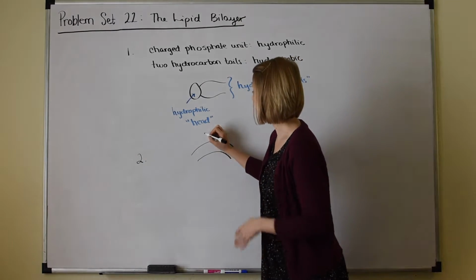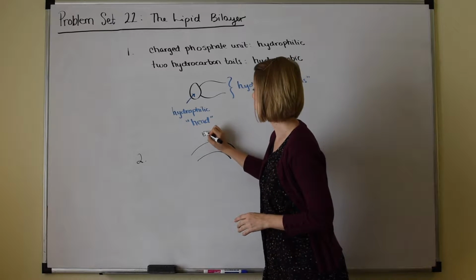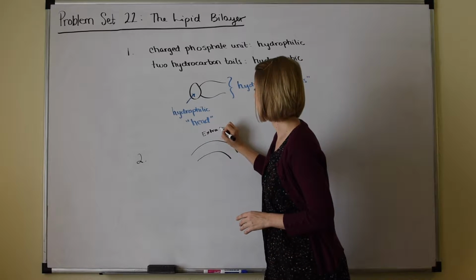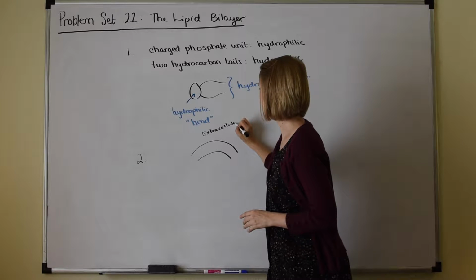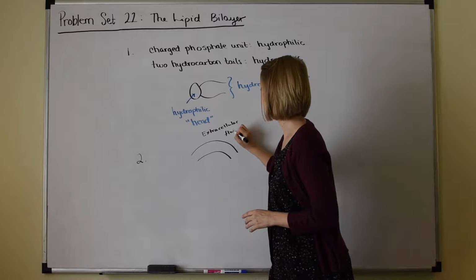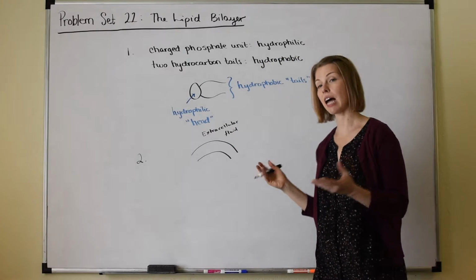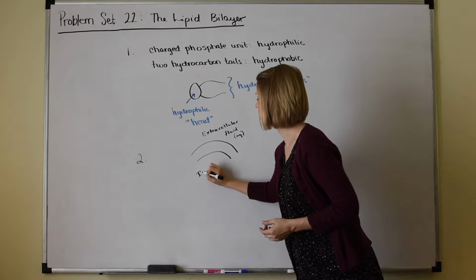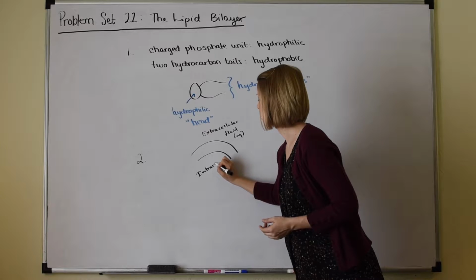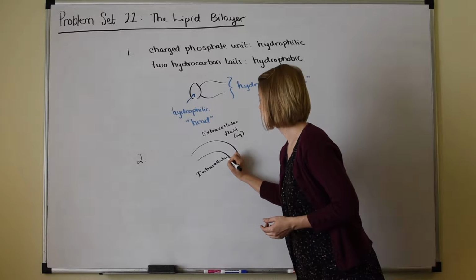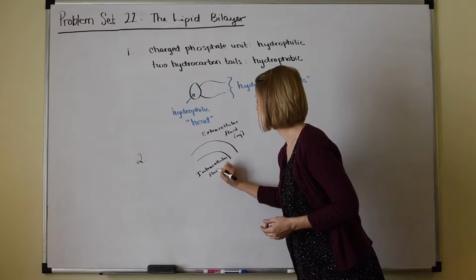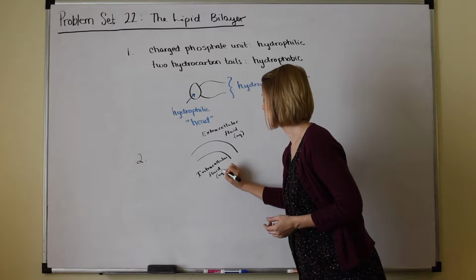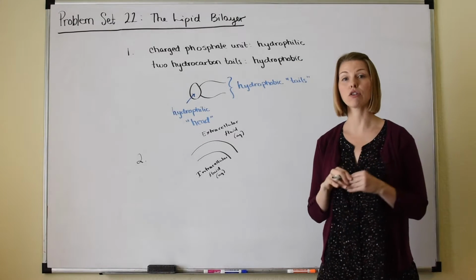Remember that we have the extracellular fluid, that is the fluid outside of the cell, and that is aqueous. And we have the intracellular fluid, that is the fluid inside the cell, and that is also aqueous.